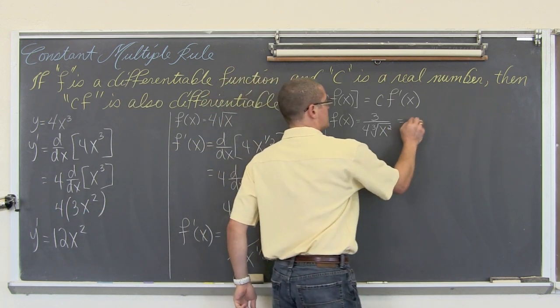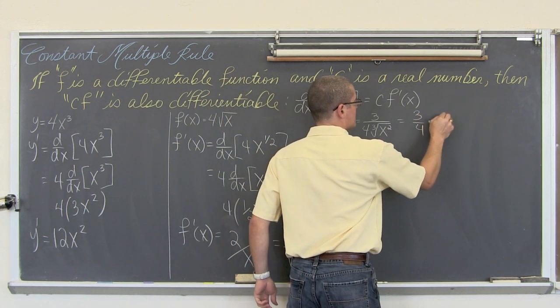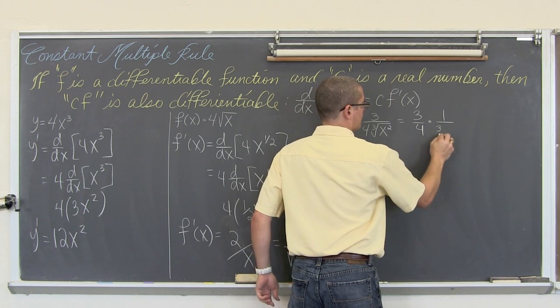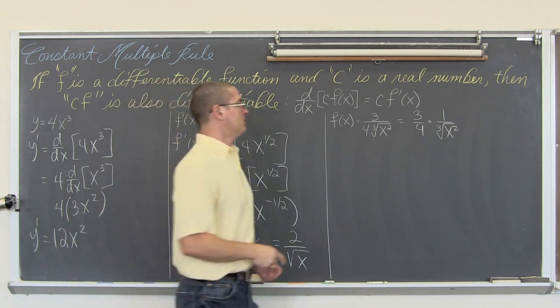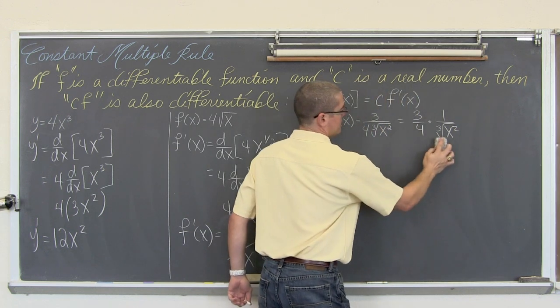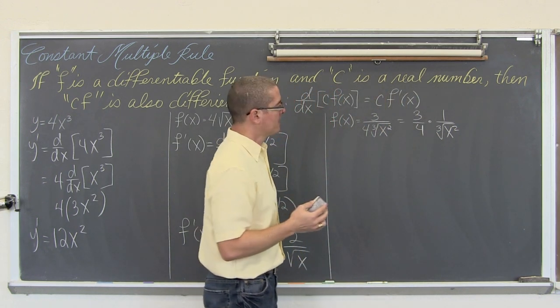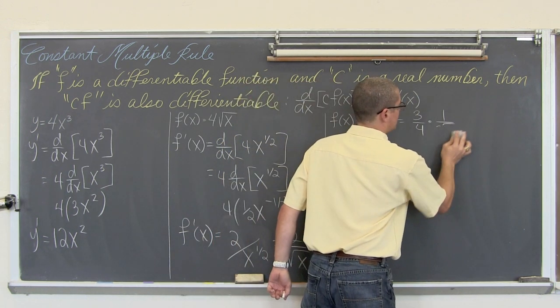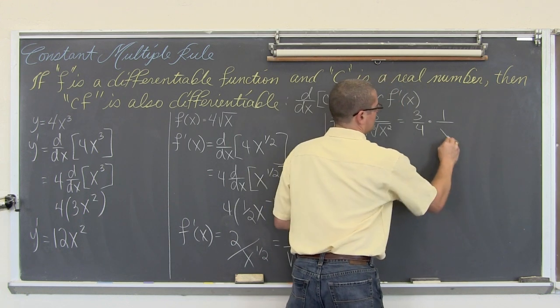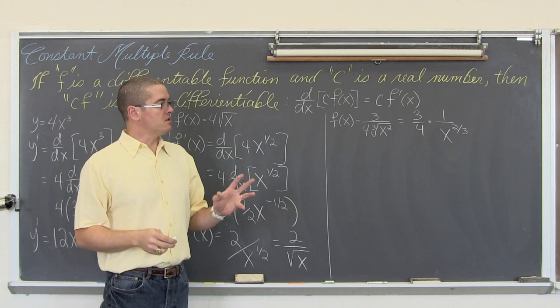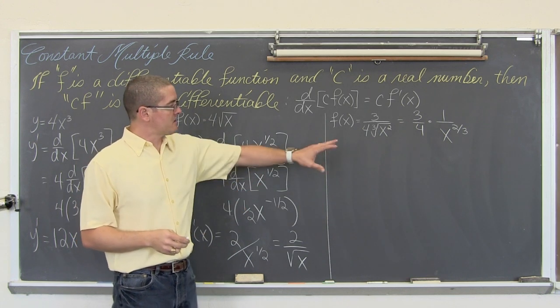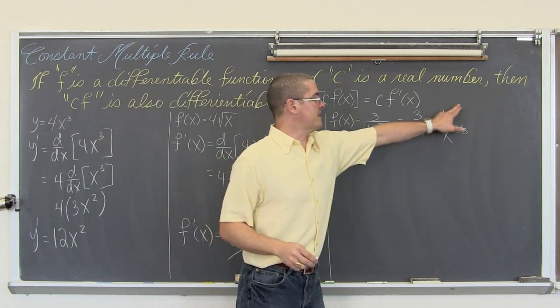So this is going to be equal to 3 over 4 times 1 over the cube root of x squared. Or that's going to be x to the 2/3 power.